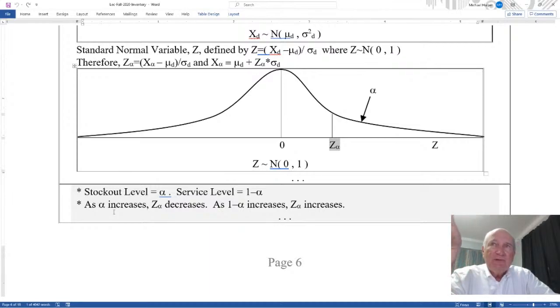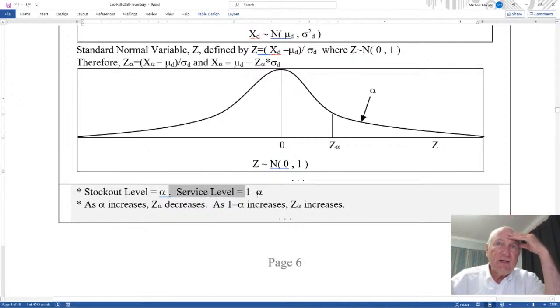But then I'm going to be using this graph to interpret the stockout level for an inventory policy. So the idea, alpha is going to be my stockout level down below here. The service level is 1 minus alpha. So if this area is alpha, 1 minus alpha is the area on the rest of the curve, because the area underneath the curve is 1 by definition. So the stockout level is alpha, the service level is 1 minus alpha.